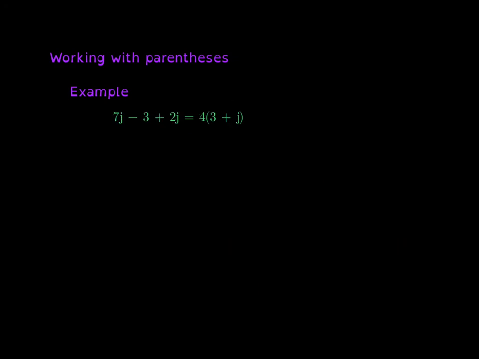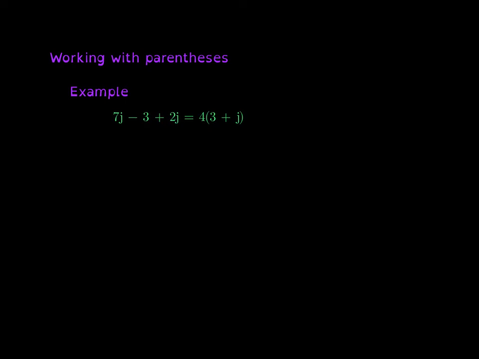And here's one where we've got 2 ideas combined together here, the idea of combining like terms and parentheses. So I'll give you a second if you want to pause this video and practice what we just learned. Be a good opportunity to do that. So for this question, we're going to combine the like terms on the left side of the equation.